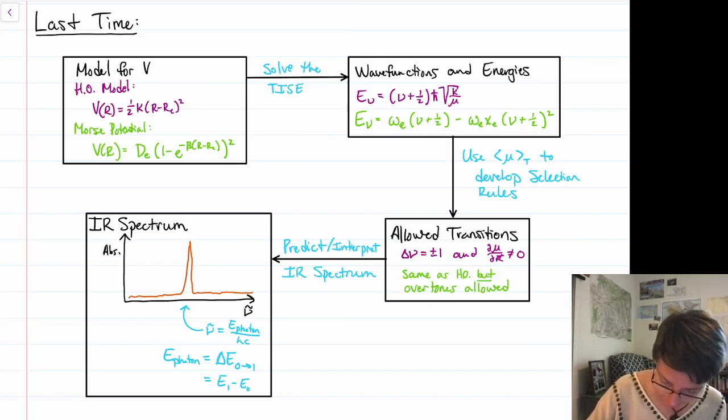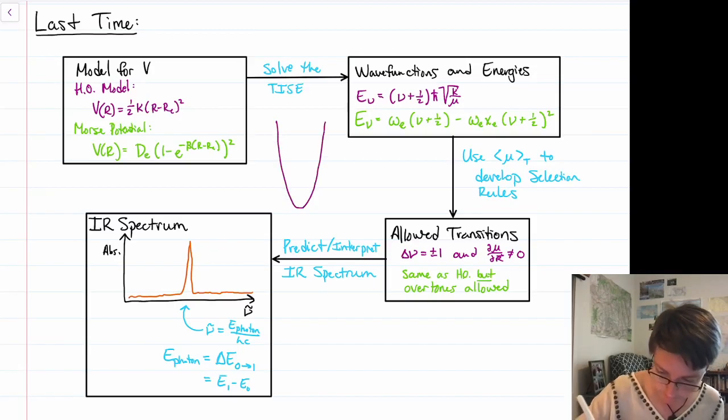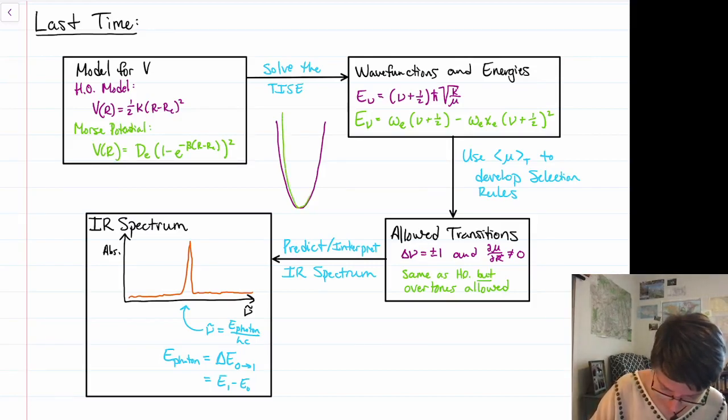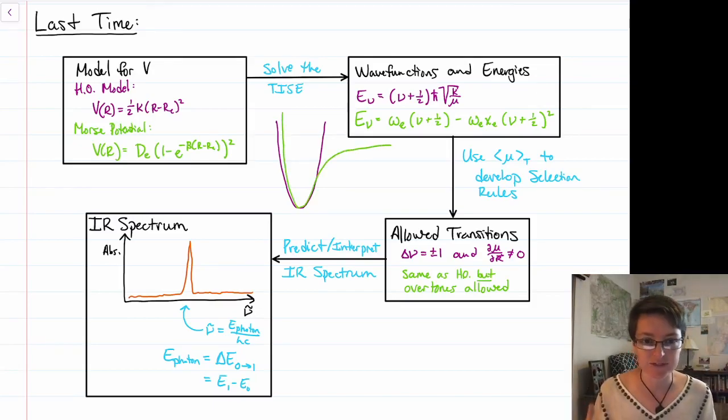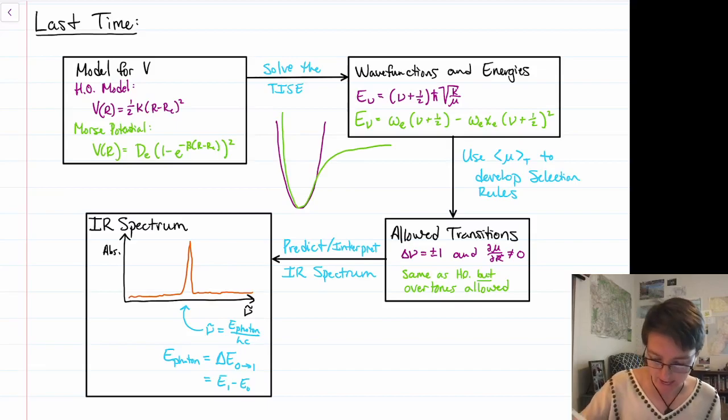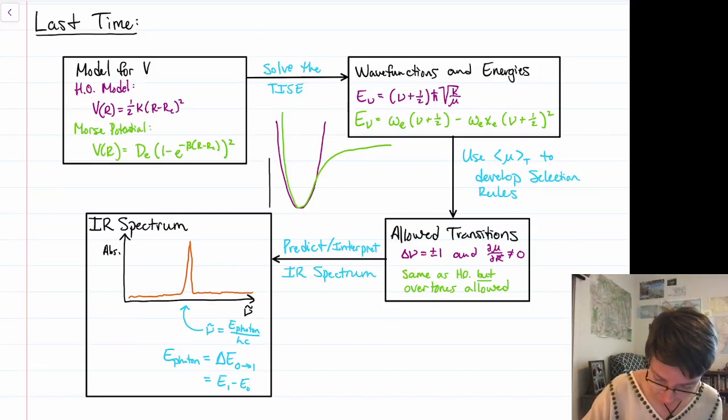And so with that model, regardless of if you're using this harmonic oscillator approach or if you're describing things using a Morse potential, we have a model for how the potential energy should change as a function of our internuclear distance.